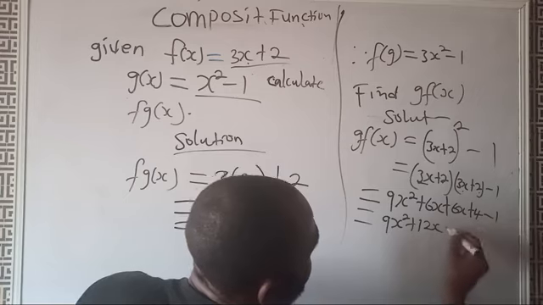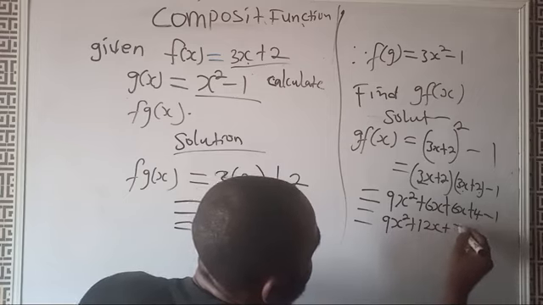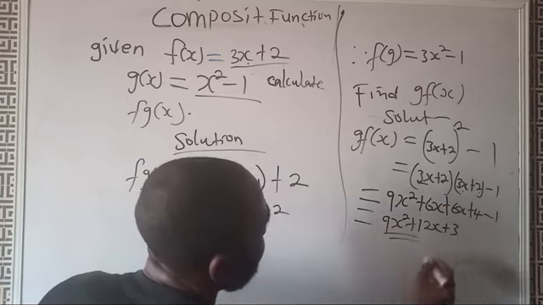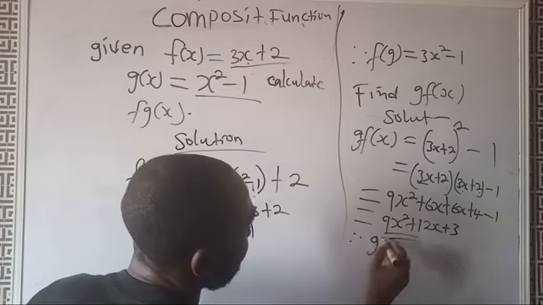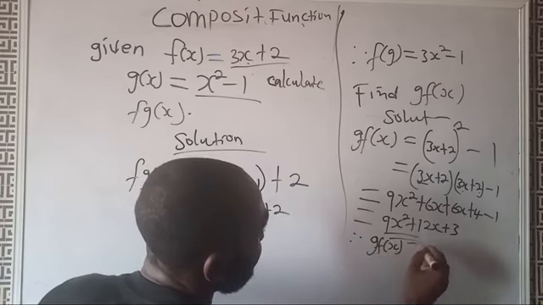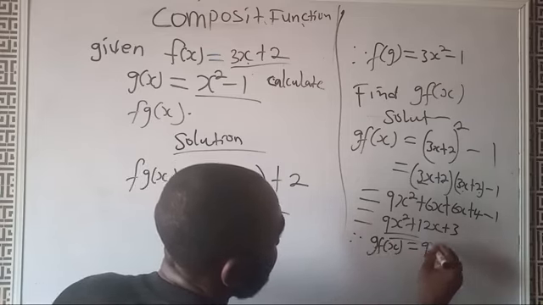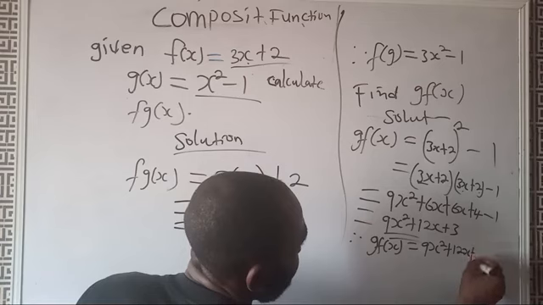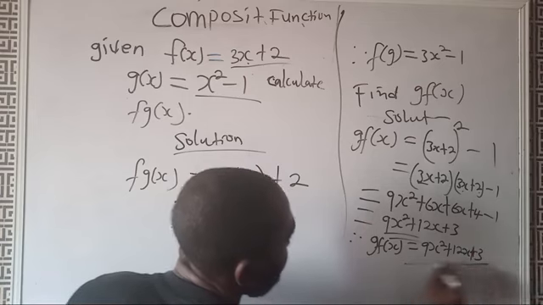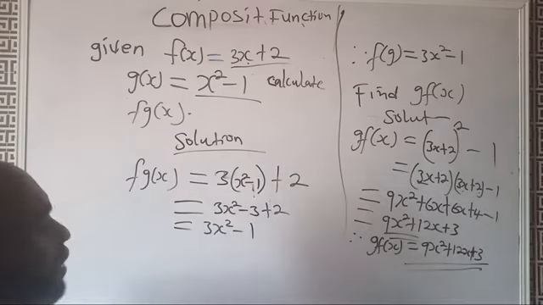Then 4 minus 1 gives me plus 3. Therefore g of f of x is equal to 9x squared plus 12x plus 3. So that is how to find a composite function.